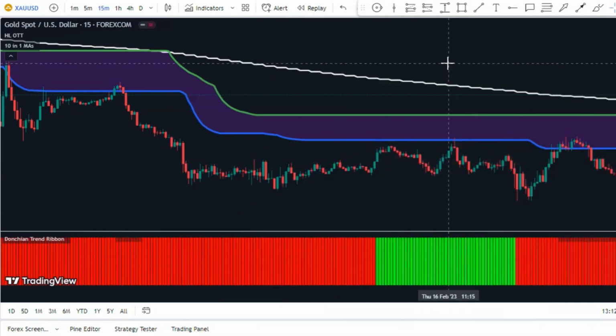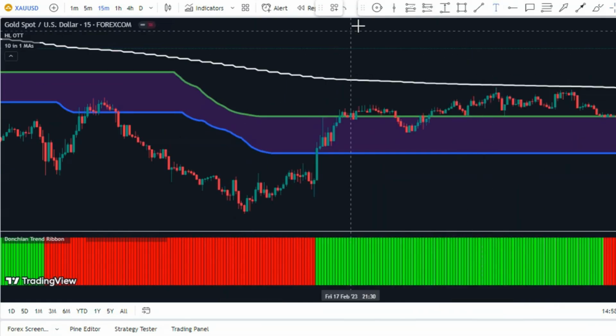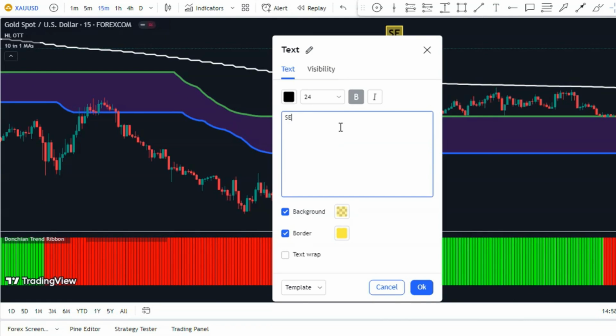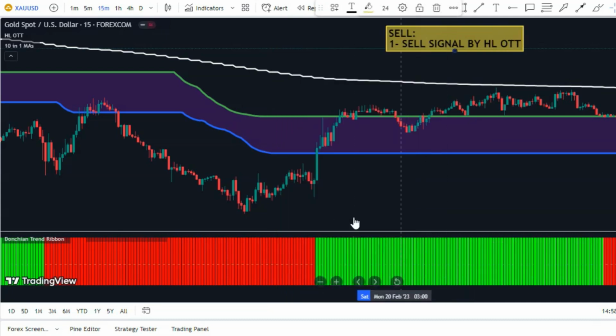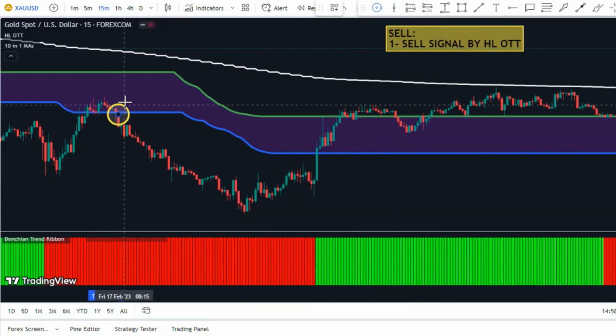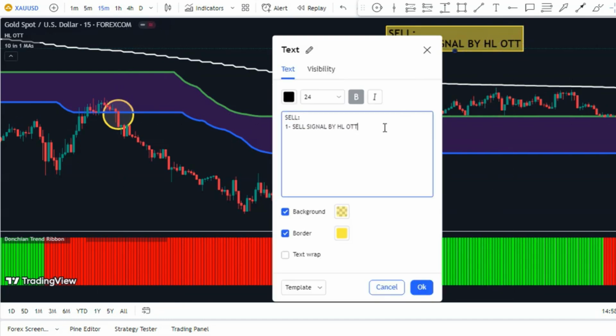And exactly the opposite is also true for a sell trade. In order to enter a sell trade, the price must first issue a sell signal with a breakout or reject from the High and Low Optimized Trend Tracker indicator. For initial confirmation of this signal, the Downtrend Trend Ribbon oscillator should be red.